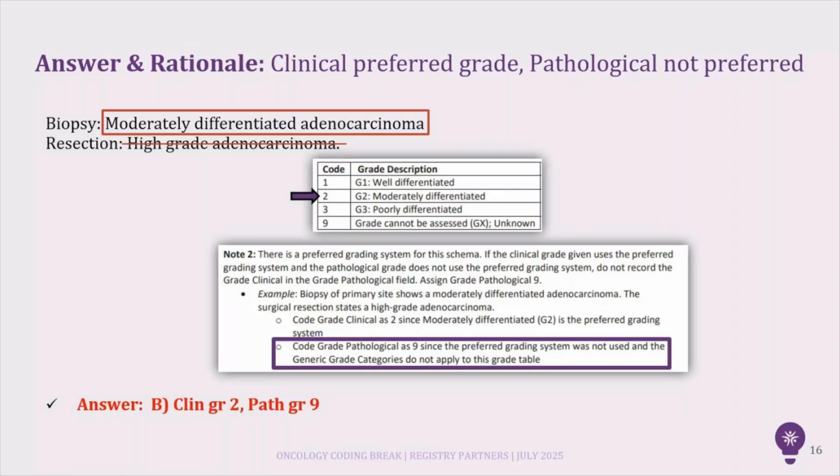Okay, so in this case, a preferred grading system you'll see is 1, 2, and 3. So the biopsy being moderately differentiated falls in line with grade 2. However, the high grade that was found at resection is not preferred. We cannot use that high grade. So we can code clinical to grade 2 because that falls on our table under moderately differentiated. But for the pathological grade, we're going to have to go with grade 9.